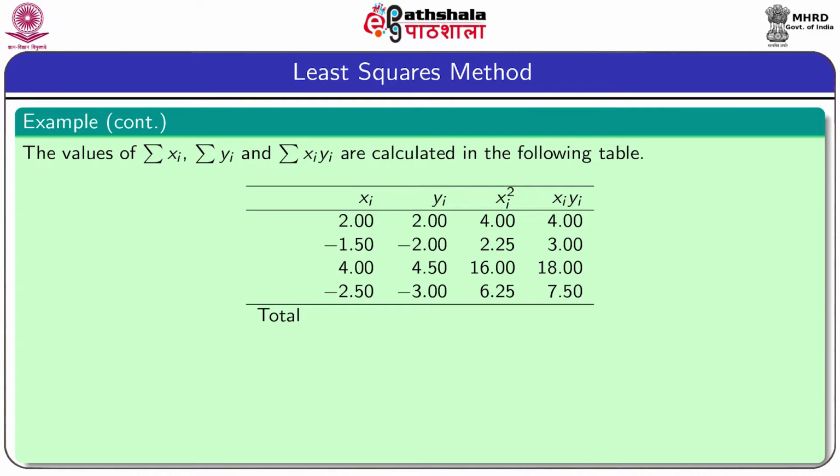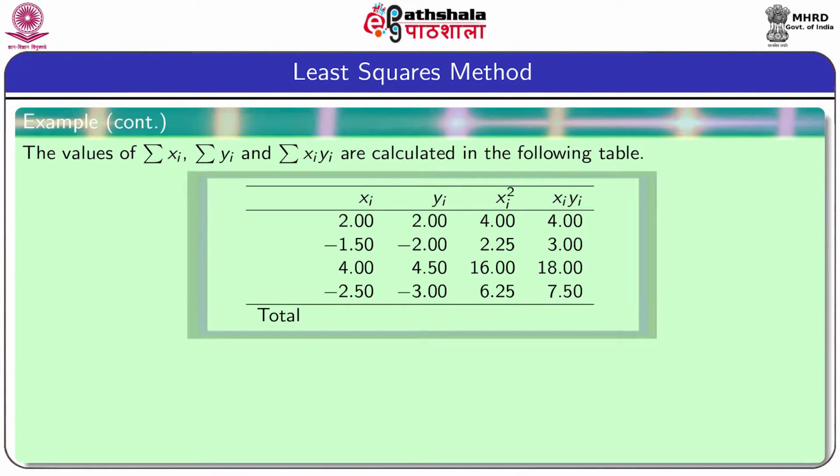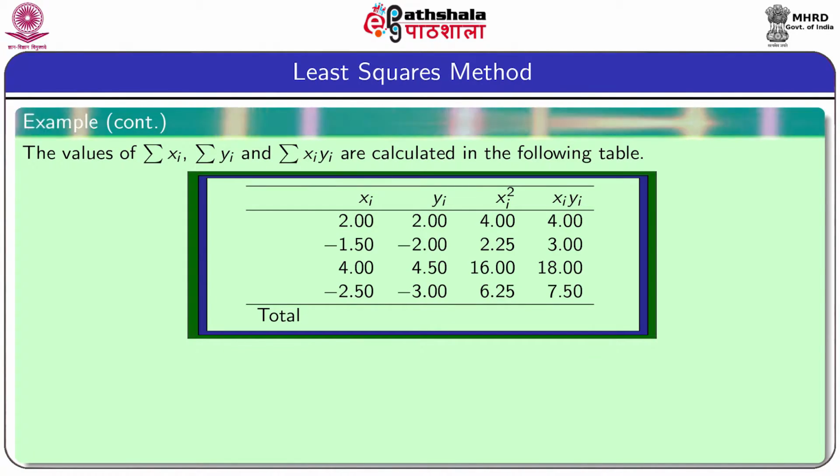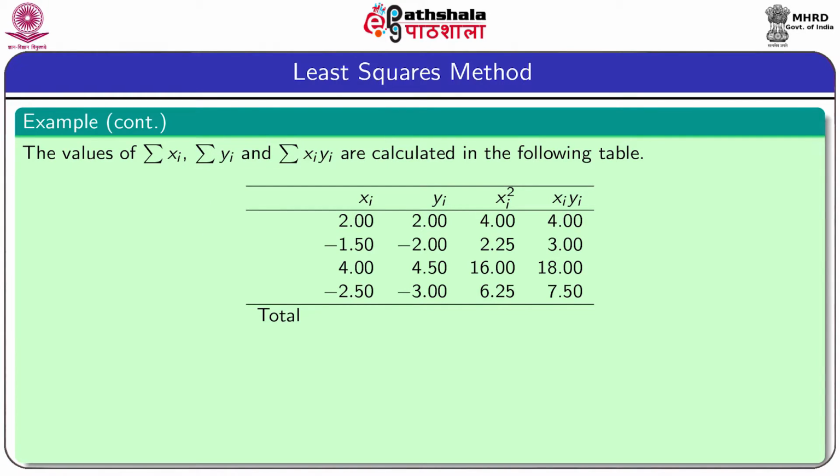The values of summation xi, summation yi and summation xi yi are calculated in the following table. The first column represents the value of xi, the second one represents the value of yi, the third column represents the value of xi square, and the fourth column represents the values of xi into yi.